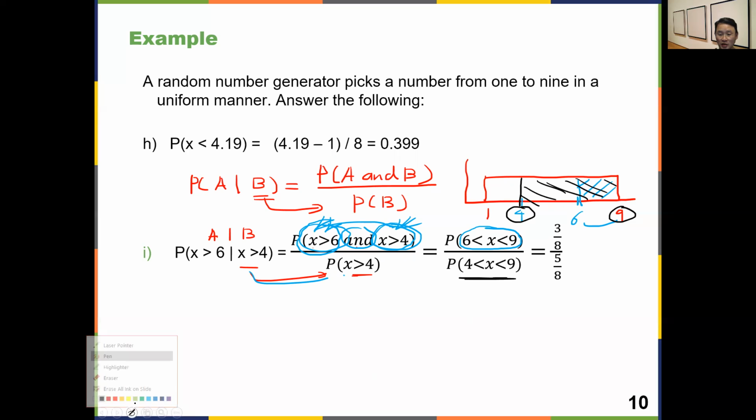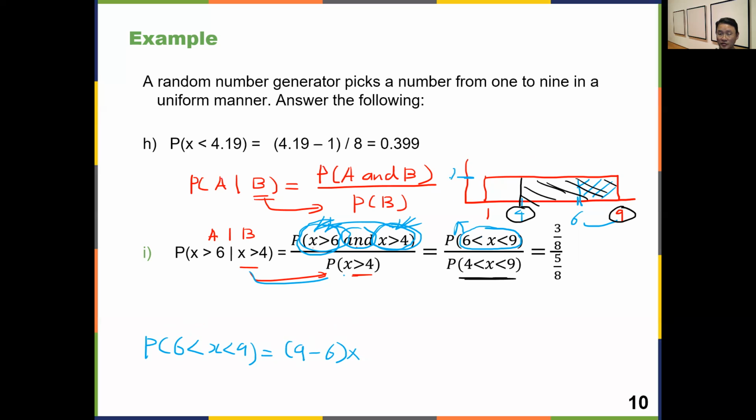So how do we figure out the top probability right here? The probability that it's going to be between 6 and 9. Do you remember this one? 6 and 9. So the base, which is 9 minus 6, times the height.